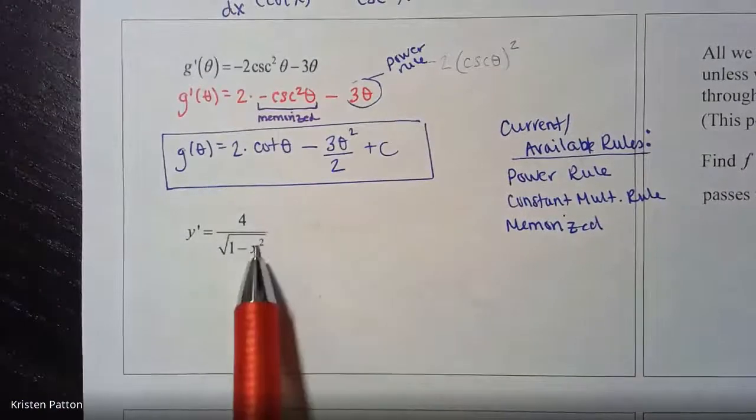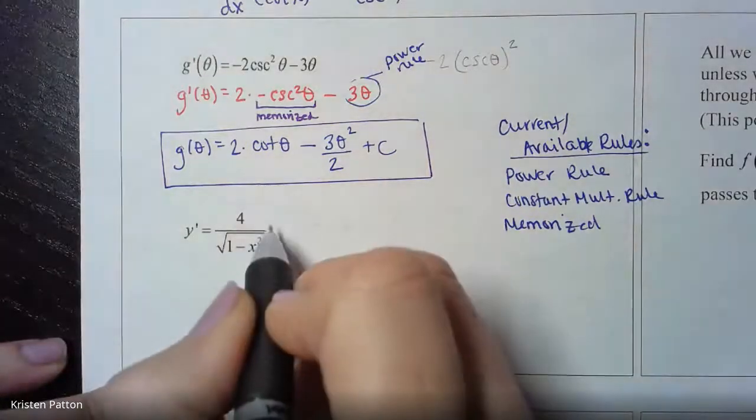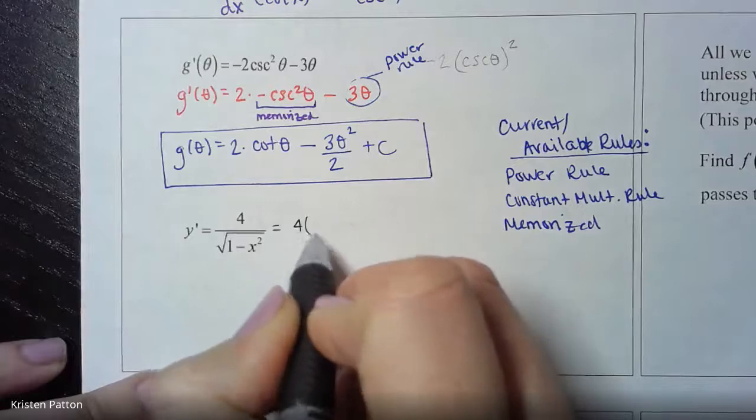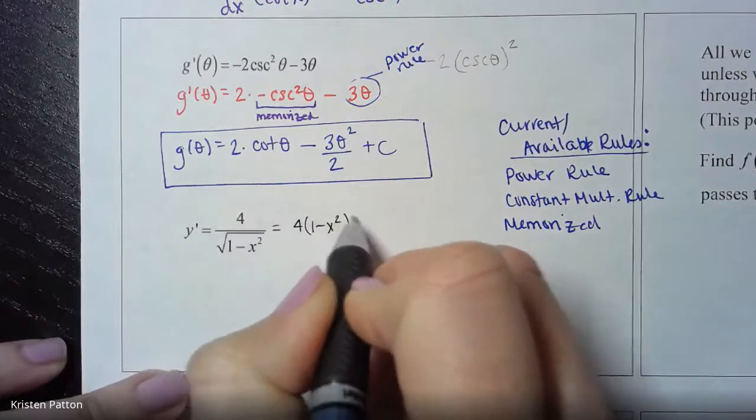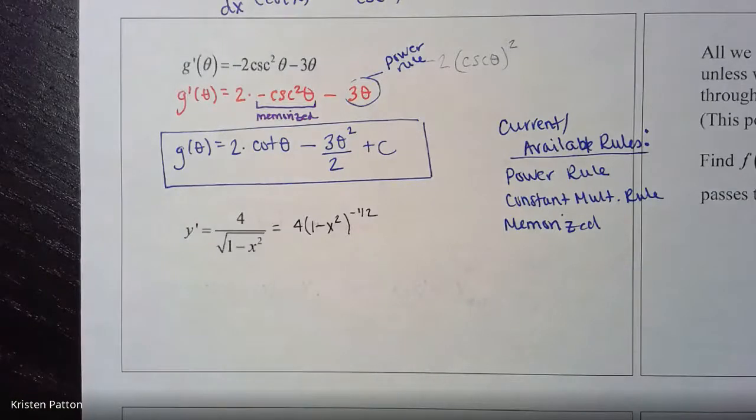What makes this one different is there's a squared in there. If I were to treat it like I did the one on the front and rewrite it using that negative power, I see a huge problem. And I know it's hard to see because you don't know a lot of rules yet.